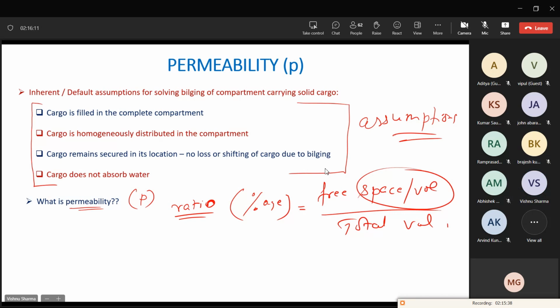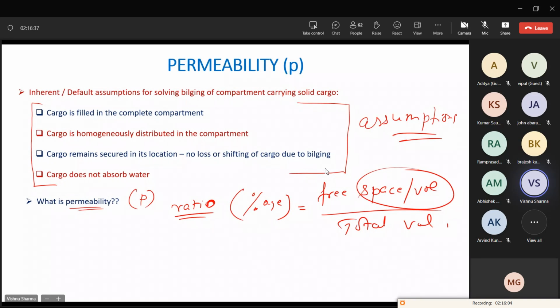That means 700 cubic meters of water can come into that compartment. Only 300 cubic meters is occupied by the cargo. If the permeability is 40%, that means 40% of the volume is free, and the remaining is occupied by the cargo.